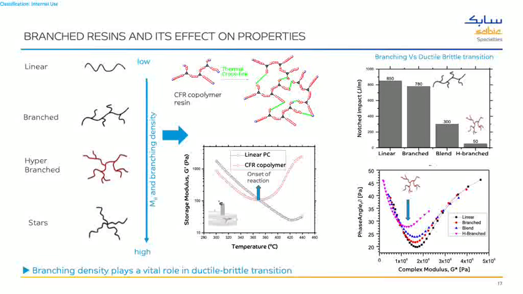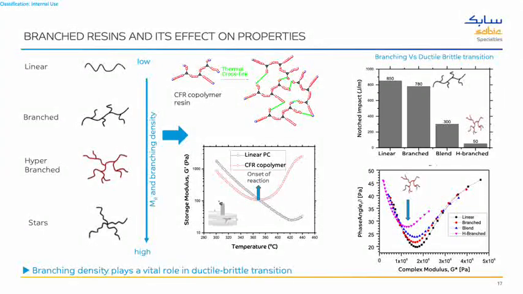So the part at the bottom is also derived from this dynamic rheology, where I plot the phase angle as a function of the complex modulus. You can see the inflection point here. You can see the linear, branched and blend. The inflection point is almost similar. But if you branch it heavily, I call it hyper branch, it shifts to the left. When I back calculated this, we call this inflection the plateau modulus.